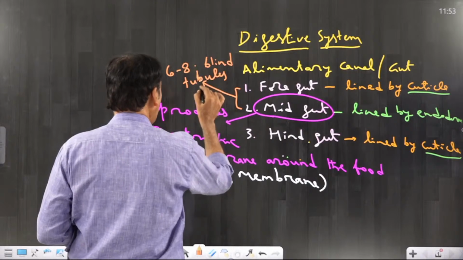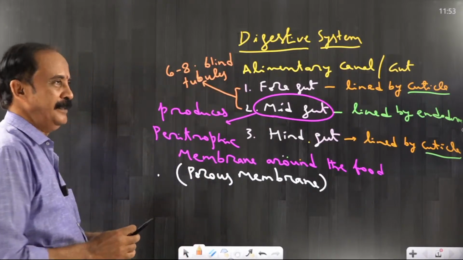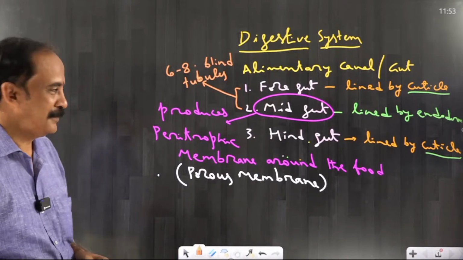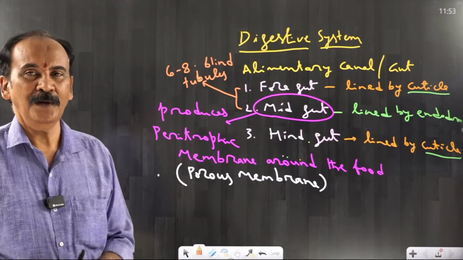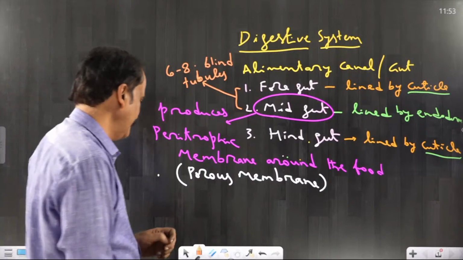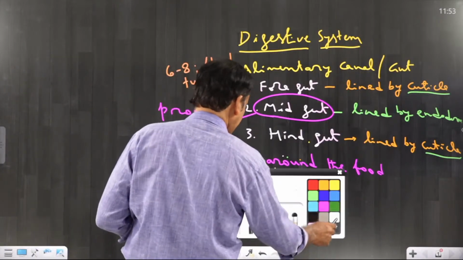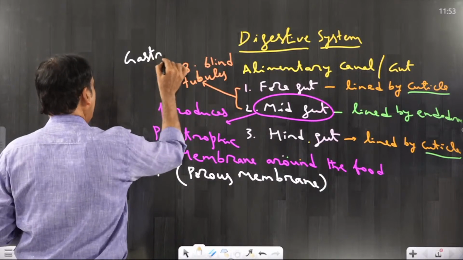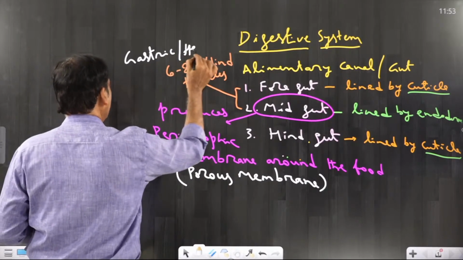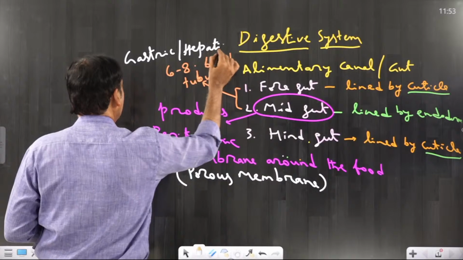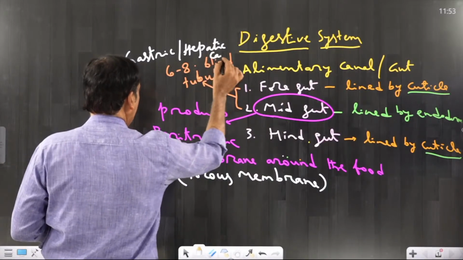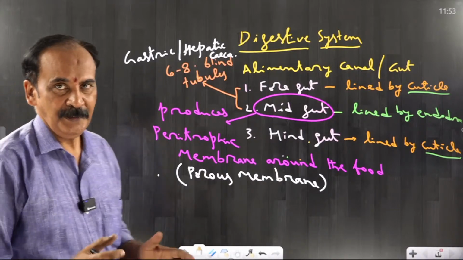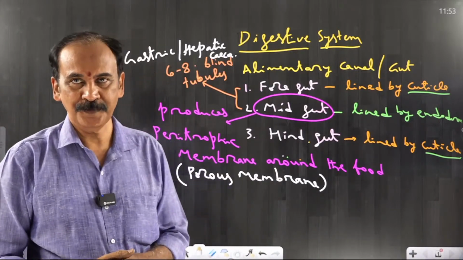There are 6 to 8 blind tubules present at the junction of foregut and midgut, named as gastric caeca or hepatic caeca. Their function is they release certain enzymes. They release some secretion helping in digestive process.